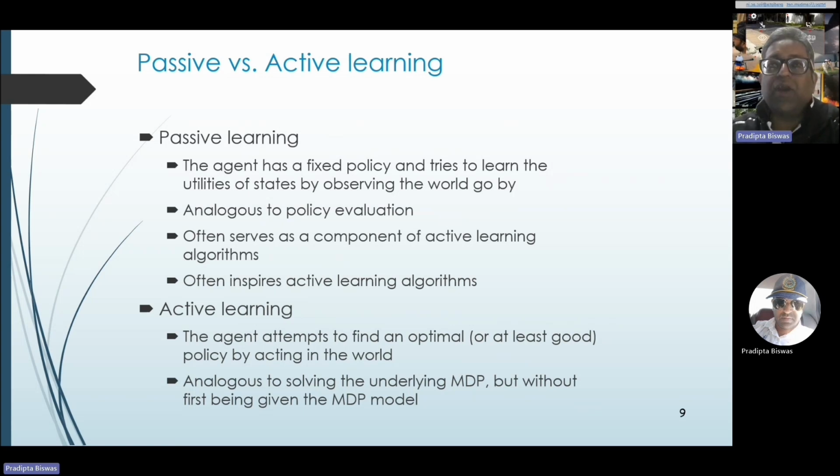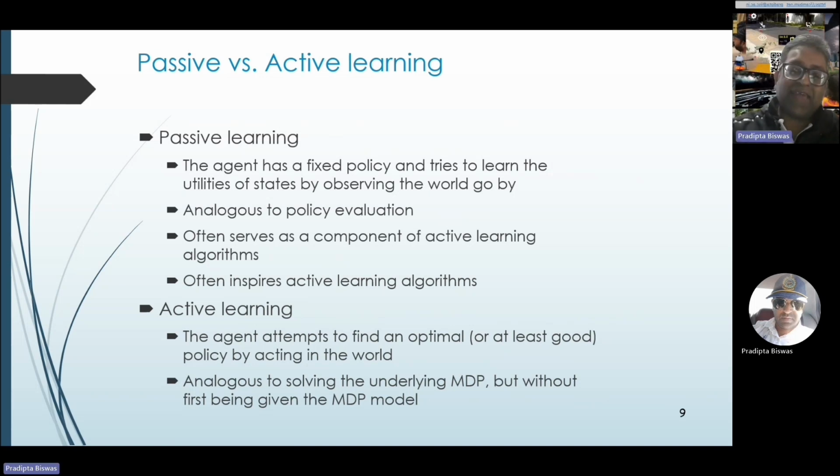And it will look at these examples of training data. So here you can find the resemblance to supervised learning. Then it will analyze these training samples and try to learn the model, or learn the neighborhood where it is roaming. But it will not act on the environment when it is learning. So first it will learn, then it will act.